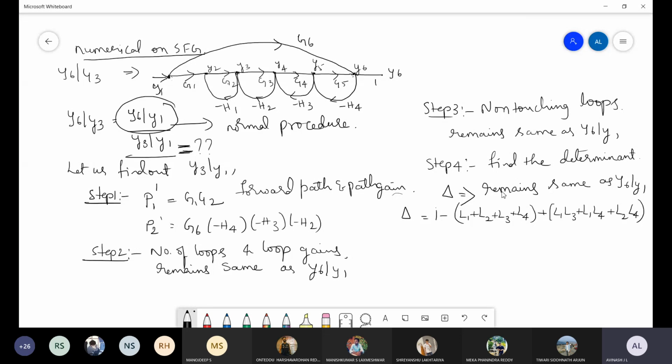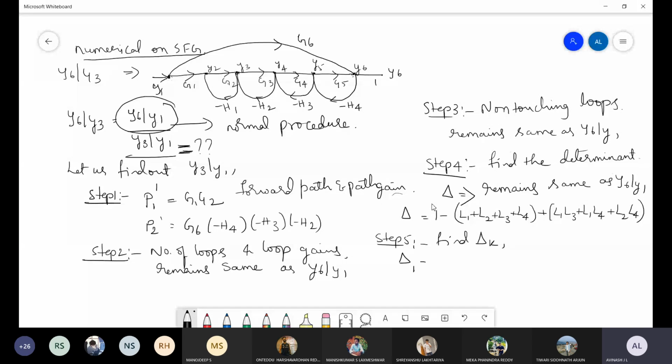So now for this particular delta, we need to find out the step number 5, that is delta k. Find delta k. So obviously, if we are talking about delta k, it is with respect to the forward paths, so number of forward paths is 1 and 2.